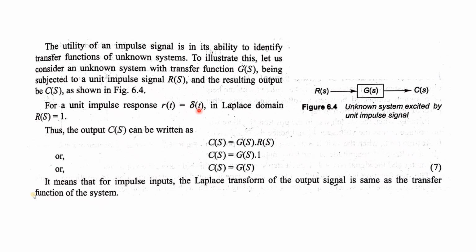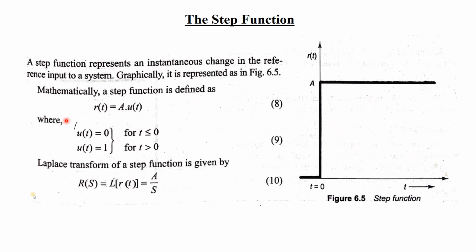Previously, in the time domain, the impulse function was not 1; it was delta(t). The Laplace transform of the impulse function is 1.